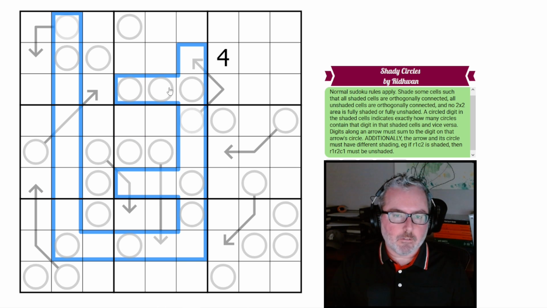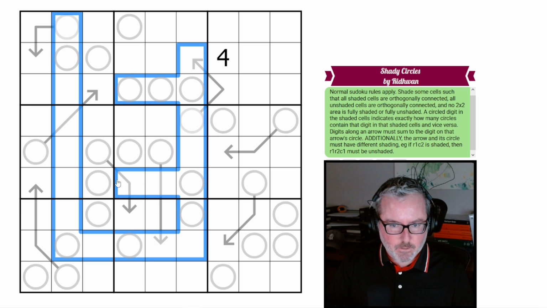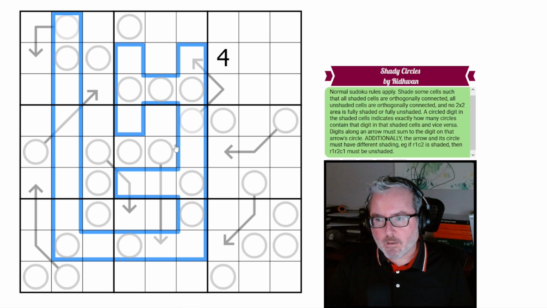Let's say these are unshaded, these are shaded, where they're all orthogonally connected, such as this, and then all the unshaded are orthogonally connected, and there are no 2x2 boxes that are fully shaded or unshaded. So if we ignore these last two things over here, this would be a valid fill-in there.